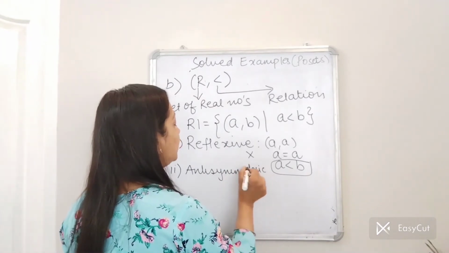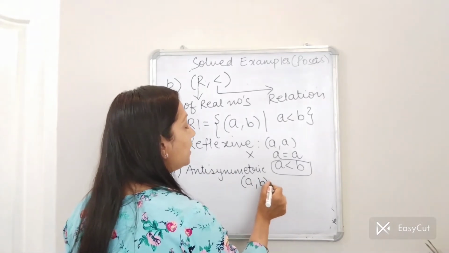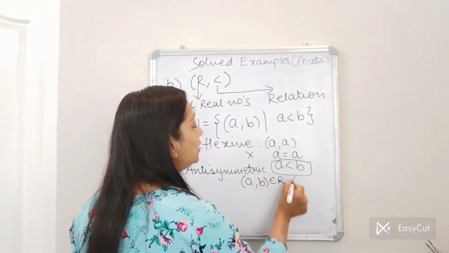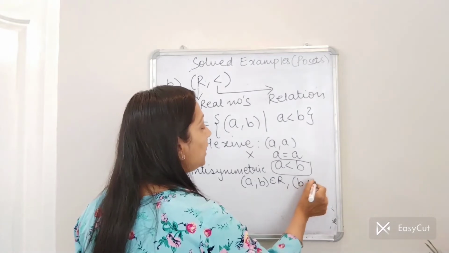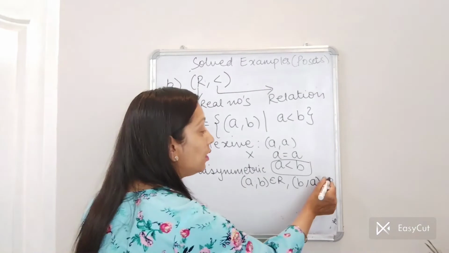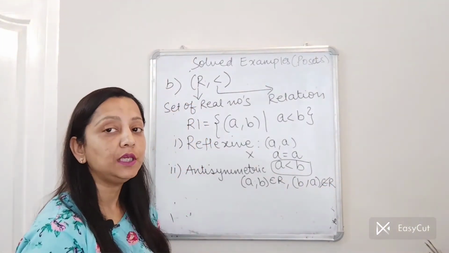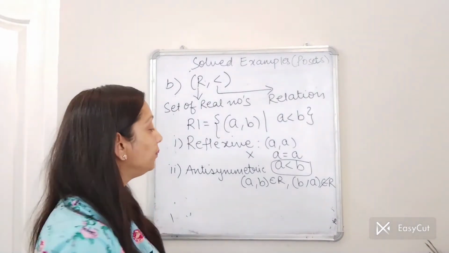Now to be antisymmetric, if the ordered pair AB exists in the relation, then the ordered pair BA must not exist in the relation. And if BA exists, in that case A and B must be equal, or A must be equal to B. Now let us see.